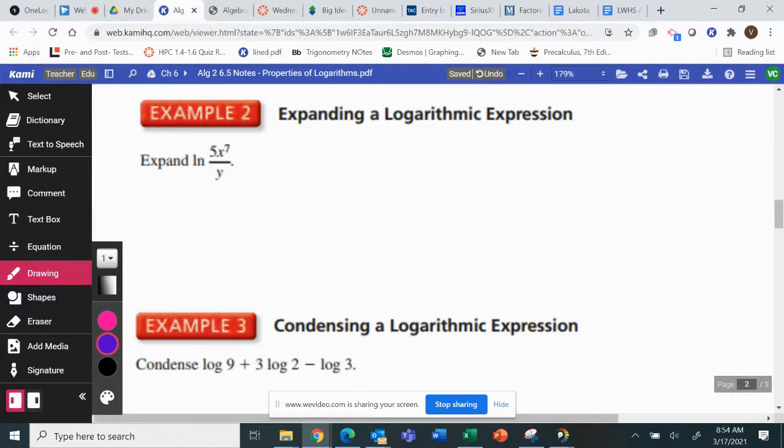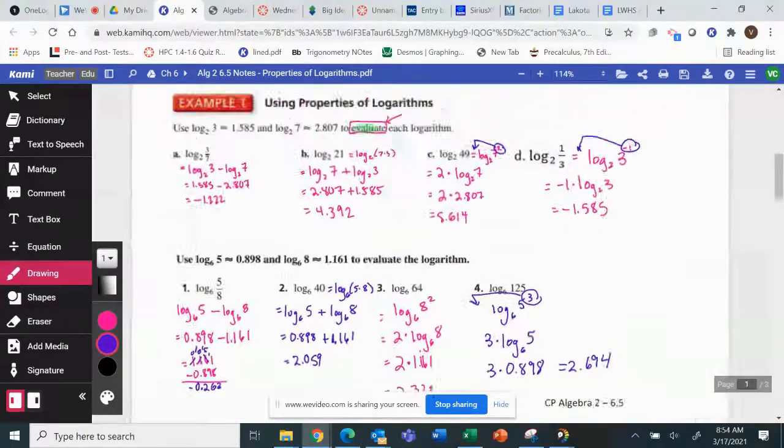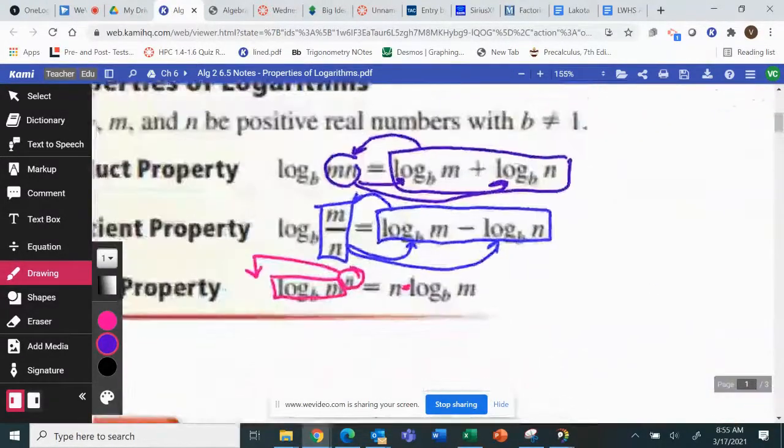Now we're going to use the logarithmic property to expand an expression. We're going to make it as long as we possibly can. So when we're expanding it, we are starting with the first part of the property.